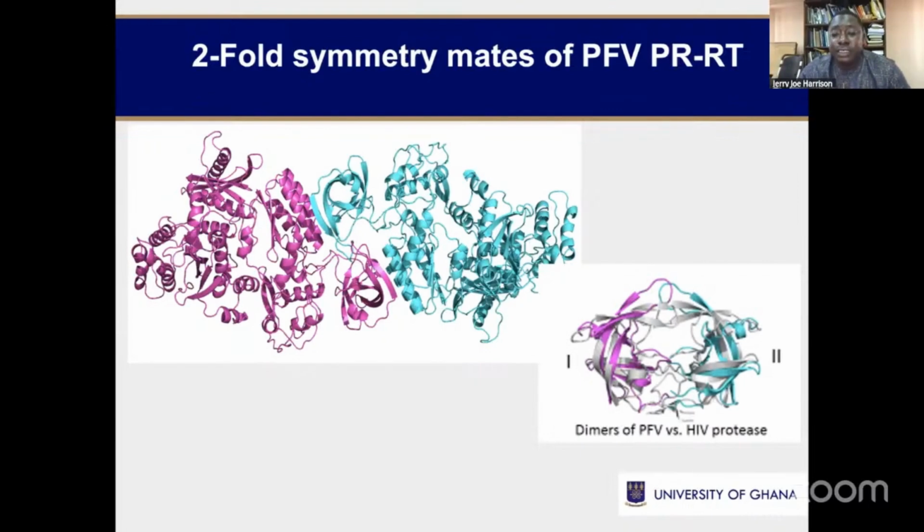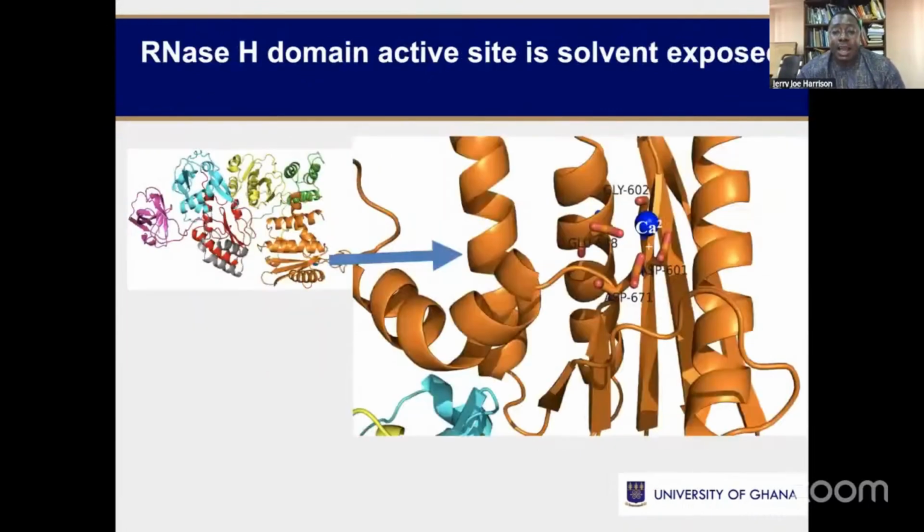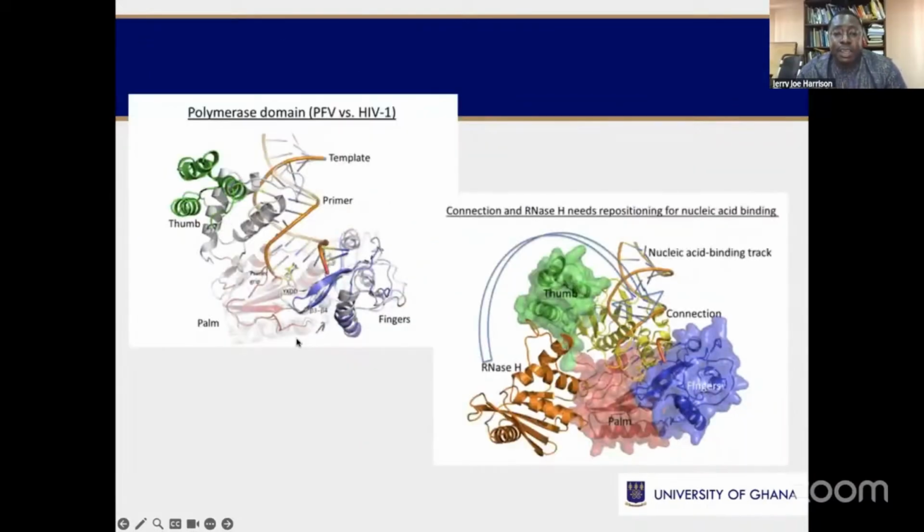There was a calcium in the solution, and that could be found chelated to the RNase active site, so we could easily identify what the active site of the RNase is.